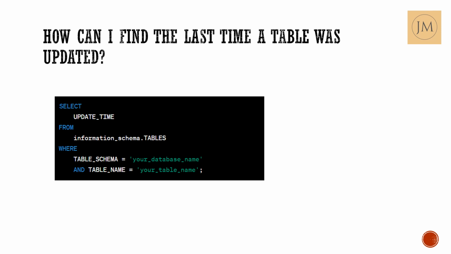By default, the general query log is not enabled because it can generate a large amount of log data and it can impact performance as well. However, if it is enabled, you can find this query log under the var log MySQL directory.